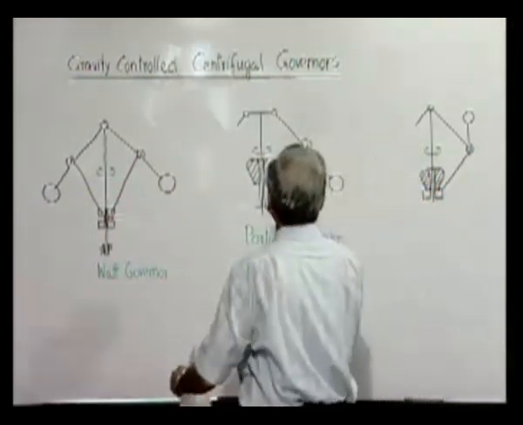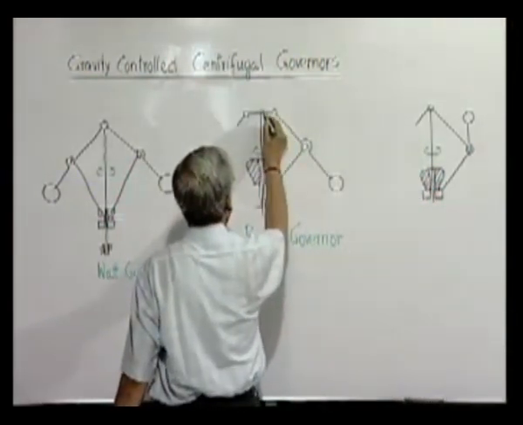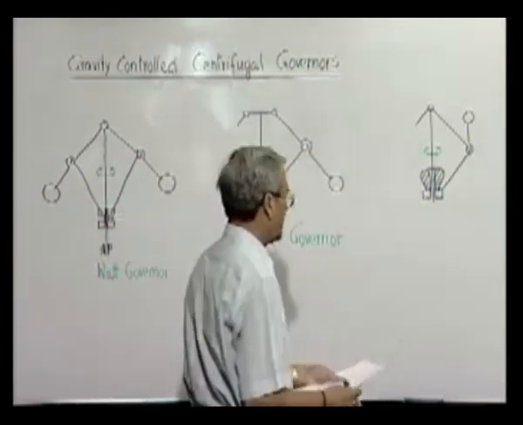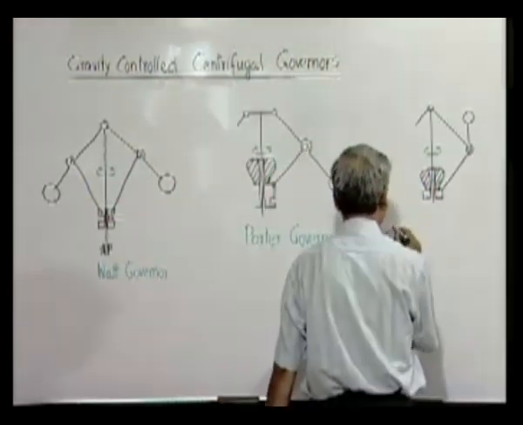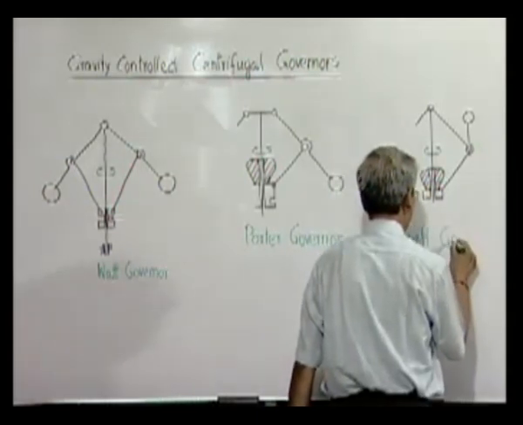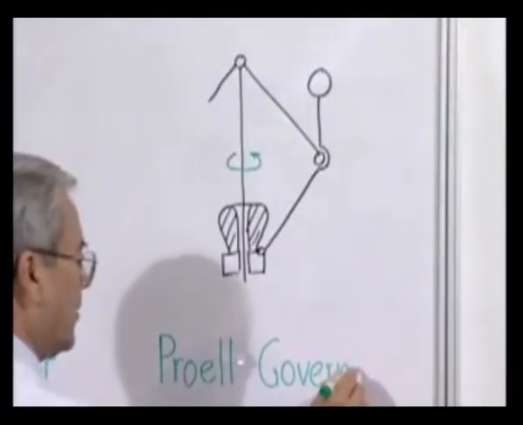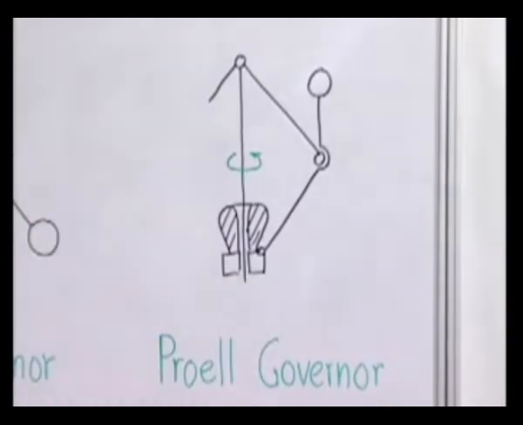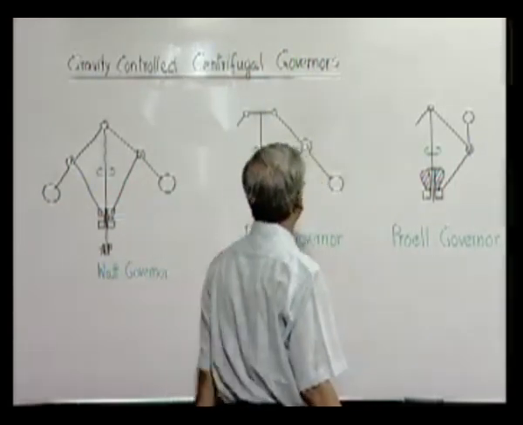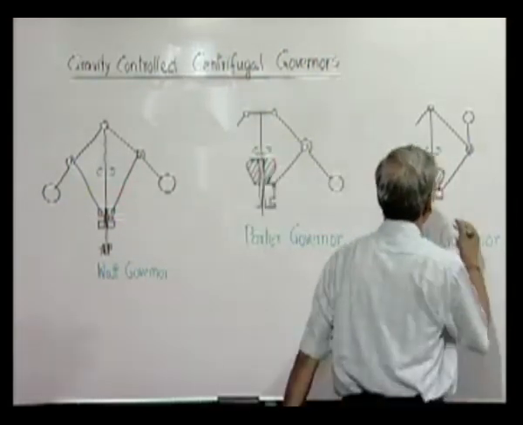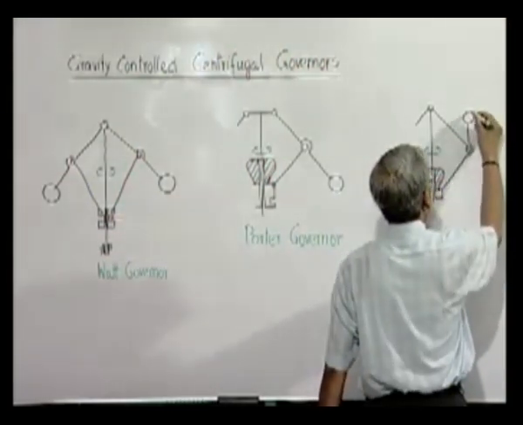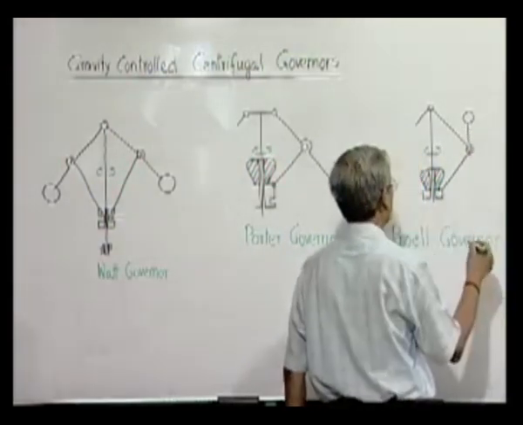Now, one thing we should also mention, whether it is used on the axis or away from the axis, all these things are matters of details and vary from one case to another. But to improve this sensitivity further, the change was made, and we have Proell governor. Here the spherical balls are not placed on this pendulum like a member, but instead it is on the lower link, which is extended beyond the hinge point here, and this sphere is mounted on this part of this extension.